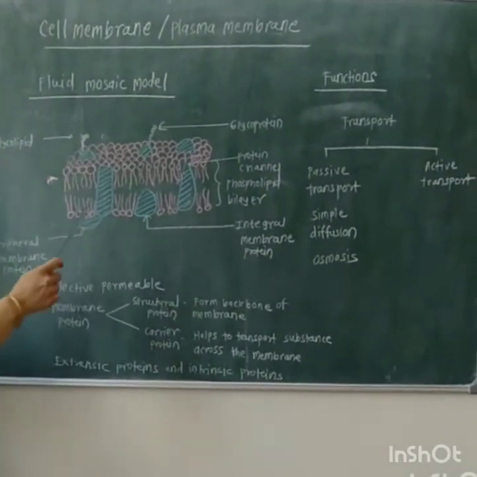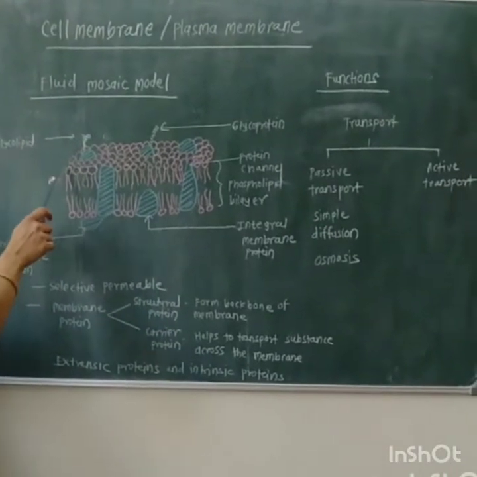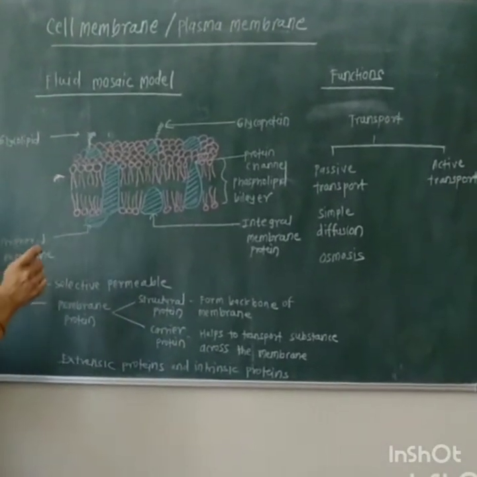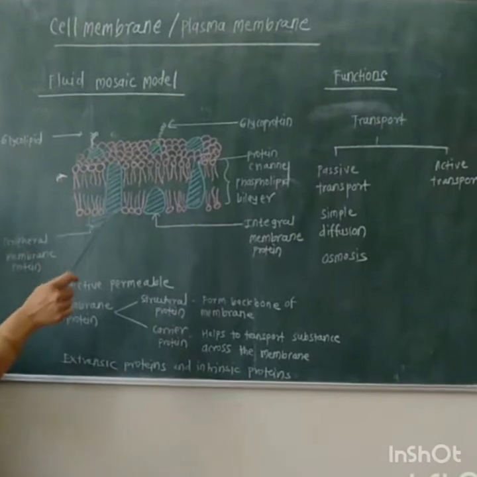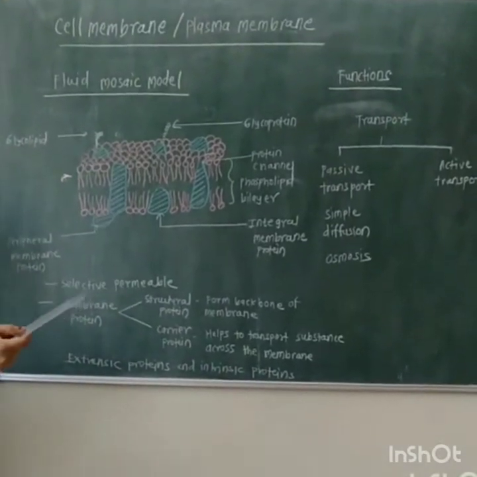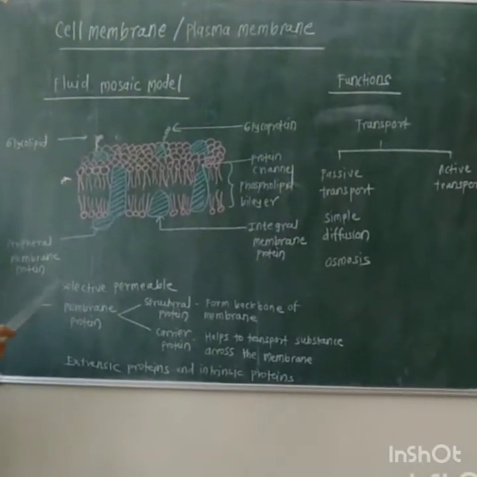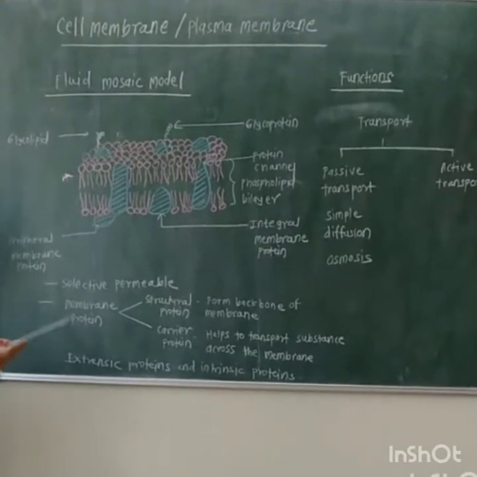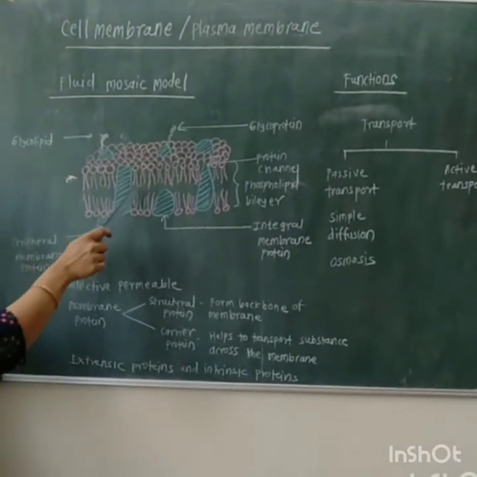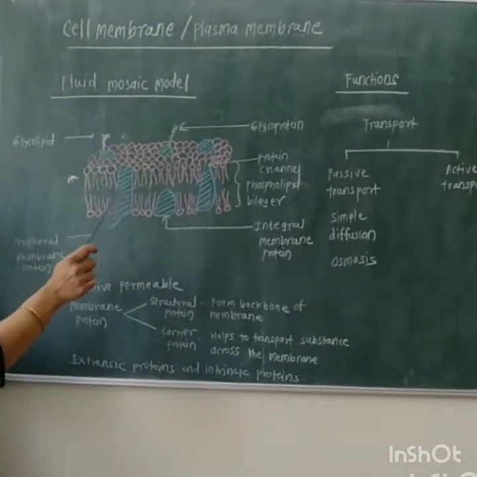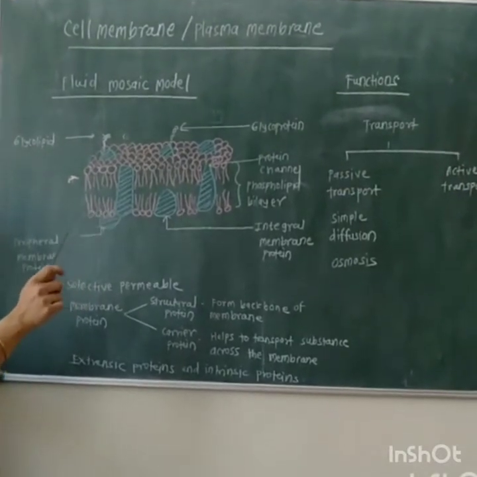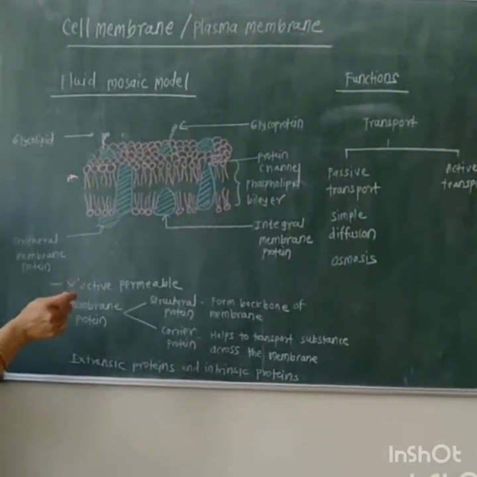The phospholipid structure shows a head and tail. The head is hydrophilic. Hydrophilic means it has attraction towards water, and these are the two tails, they are hydrophobic, they are away from the water.